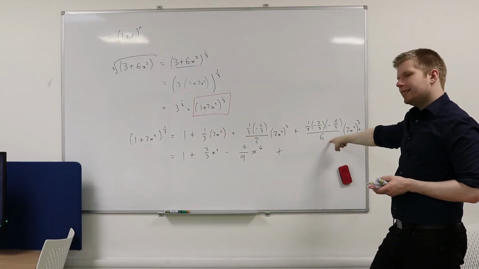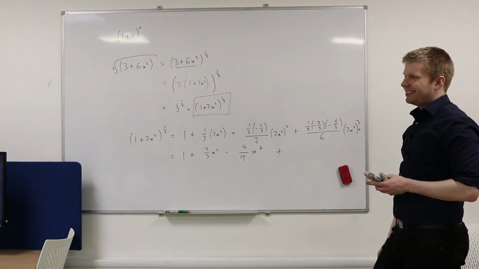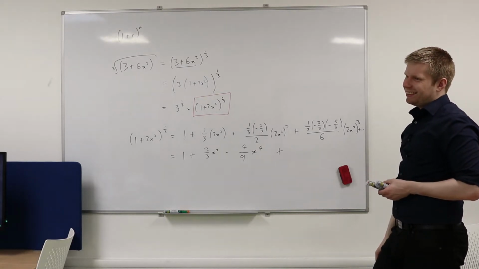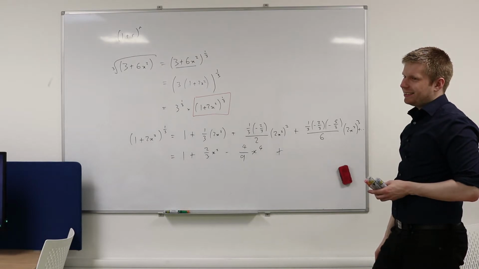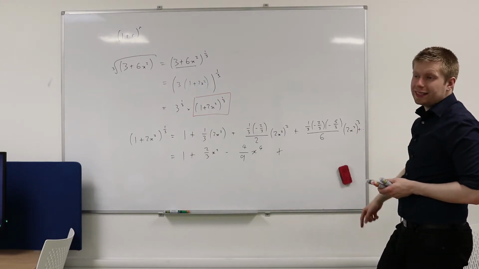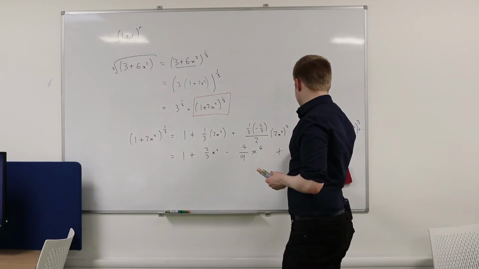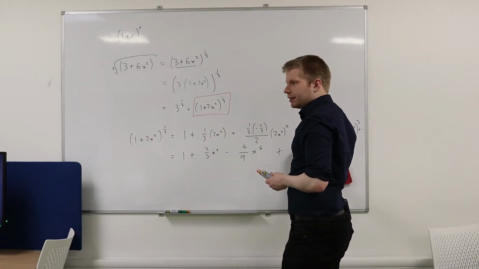Then divide that by 6. Then times that by, well, 2 cubed is 8. So what do we get? Isn't it 80? Yeah, 80.